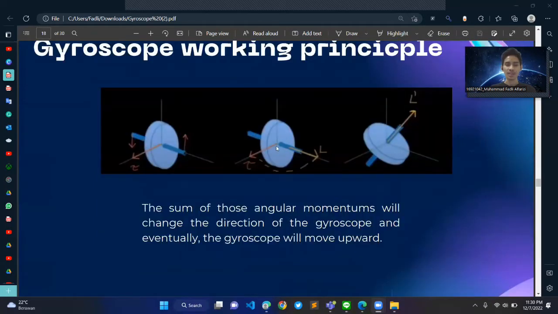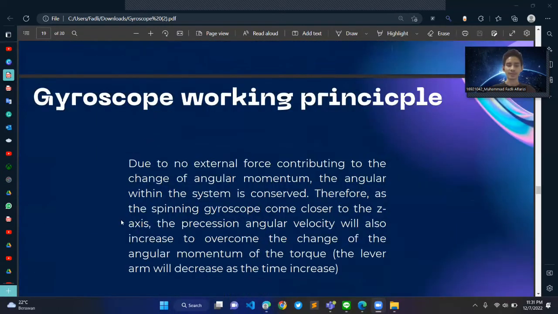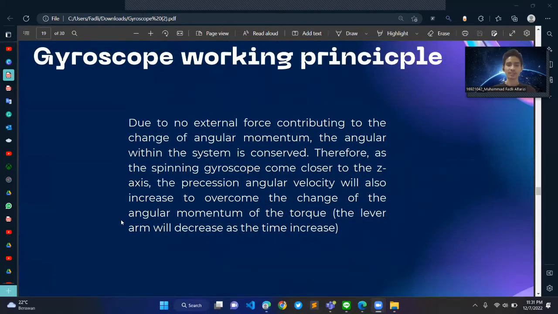The sum of those angular momentums will change the direction of the gyroscope, and eventually the gyroscope will move upward. Due to an external force contributing to the change of angular momentum, the angle within the system is conserved. Therefore, as the spinning gyroscope comes closer to the z-axis, the precession angular velocity will also increase to overcome the change of angular momentum of the torque.